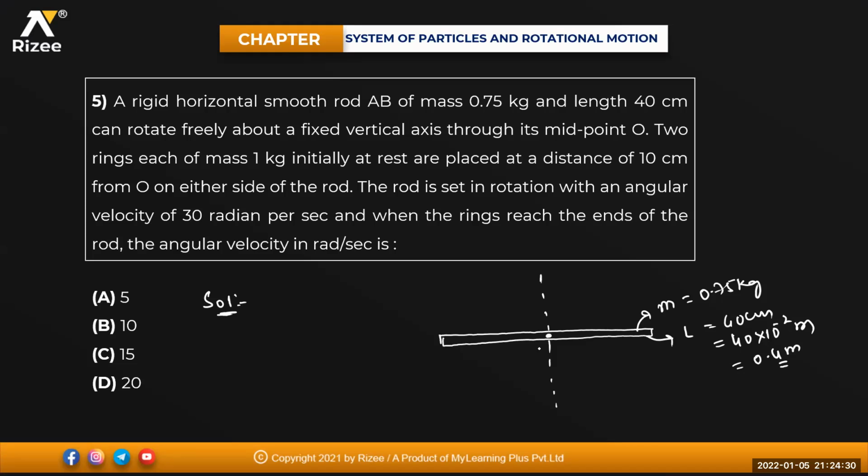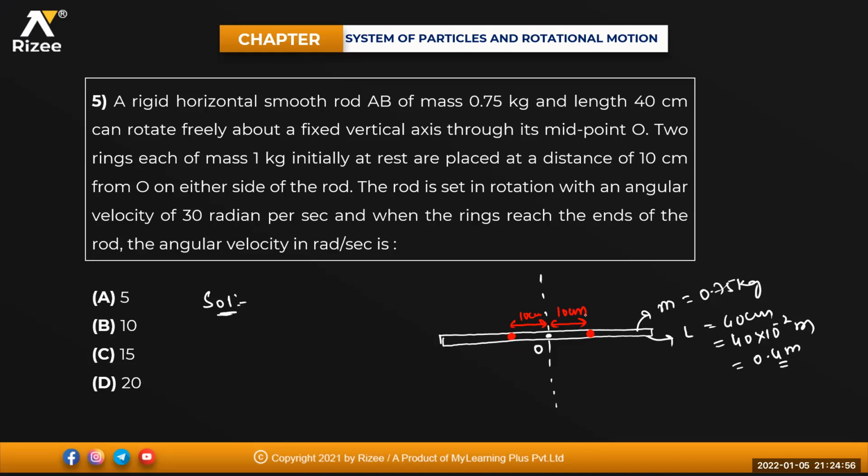And what else is it telling? This is your origin O. Can rotate freely about a fixed vertical axis through the midpoint O. Two rings each of mass 1 kg initially at rest are placed at the distance of 10 centimeter from the O on either side. That means somewhere here 10 centimeter on either side. So this distance is 10 centimeter and this distance is also 10 centimeter.